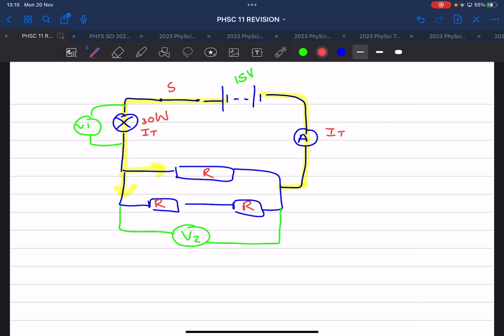Dan as ek gaan kyk na my toebroodjies, my energy, my sandwiches. I have 15 sandwiches and it's going to split up into 2. It's going to go to the parallel combination and the light bulb. What do I know about the parallel combination? They'll have the same volts.